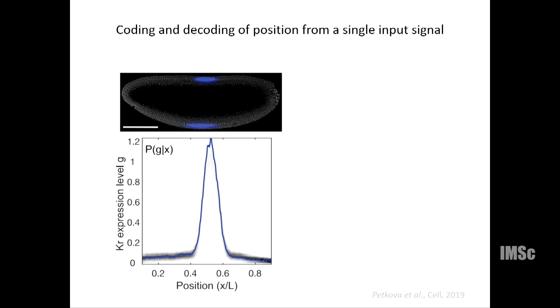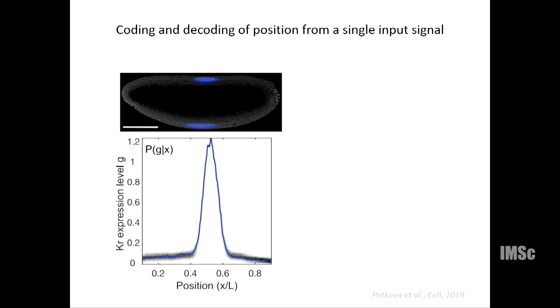And now let's take, instead of 4, one signal. So this is the Kruppel signal measured. This is the position in the embryo, and what you see is that for most it's shallow, it's flat, then it's peaked. That's the image of the fluorescent representation of the signal.